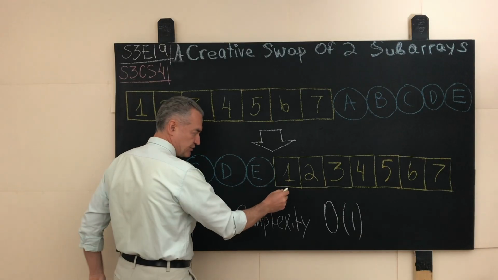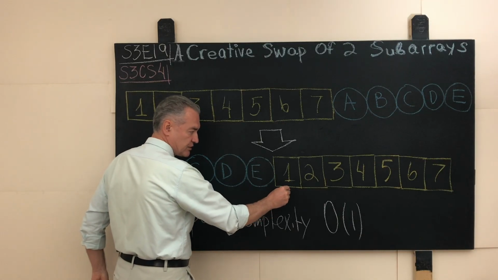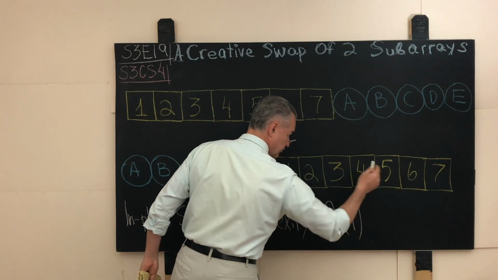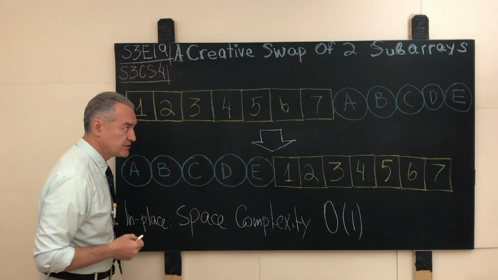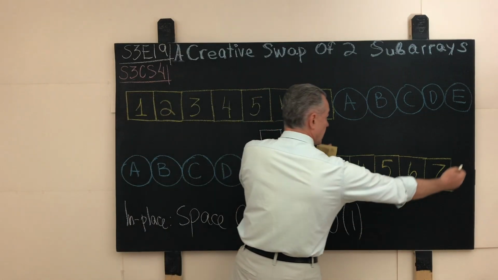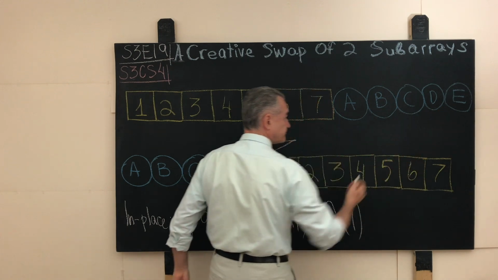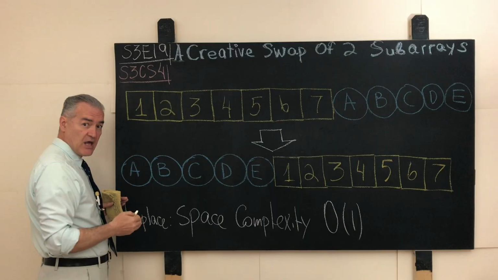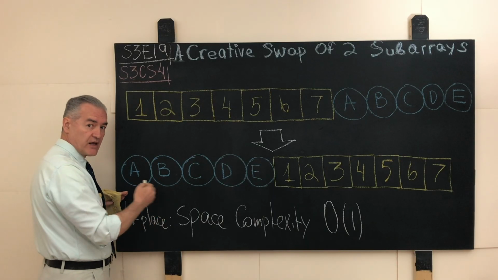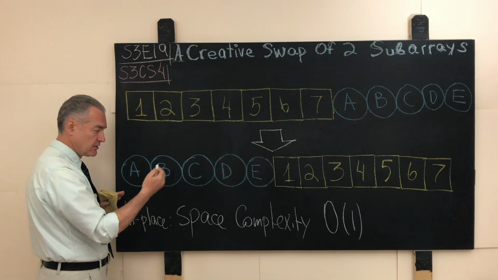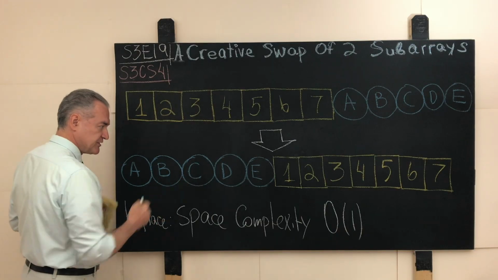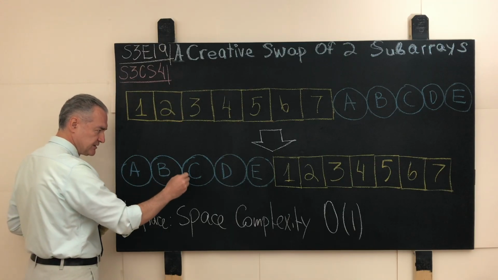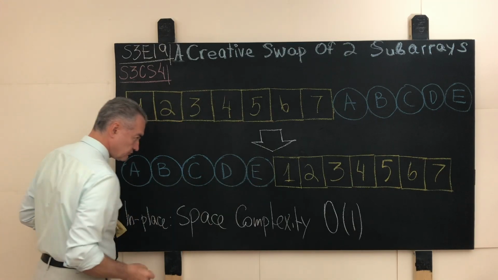That is, the contents of the yellow squares must still be 1, 2, 3, 4, 5, 6, 7 in that order. And likewise, the formerly right subarray represented by the blue circles must now percolate from the right to the left, honoring the input order of the elements in this subarray. And this now left subarray should have the following contents: A, B, C, D, and E.